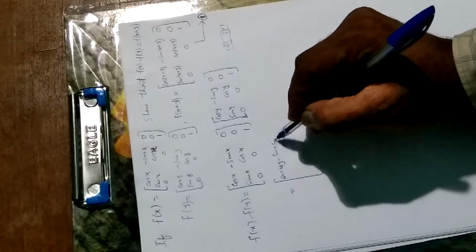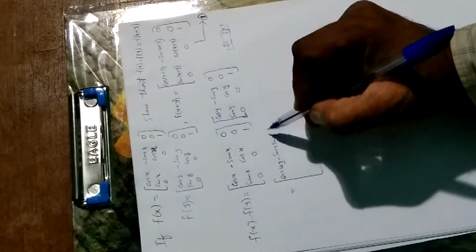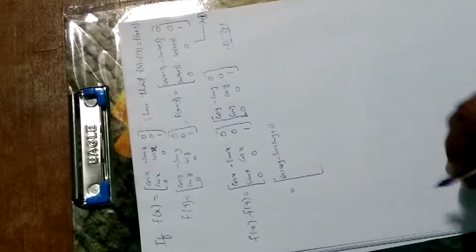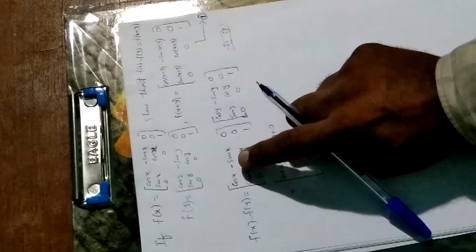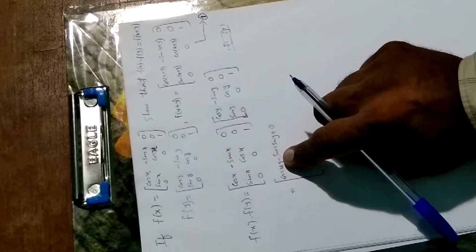Then plus 0 into 0 is 0. So we multiply this by this, right? We have to add here, but this is minus here, plus here, so minus into plus became minus, right?